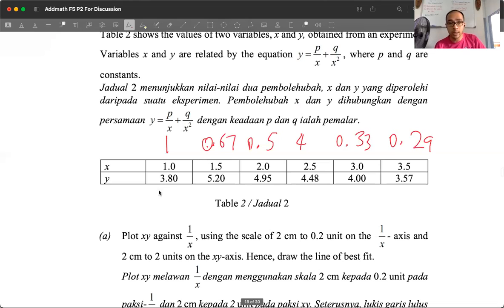So xy, this is 3.8. 1.5 times 5.2 is 7.8, exactly right. 4.95 times 2 is 9.9, also exact. 2.5 times 4.48 is 11.2, also exact. This is 12.